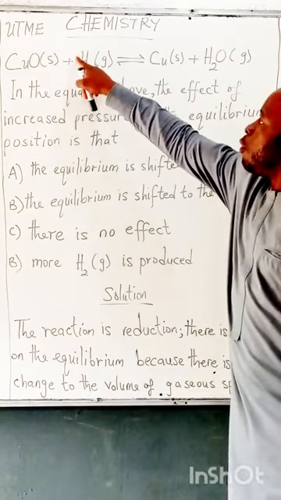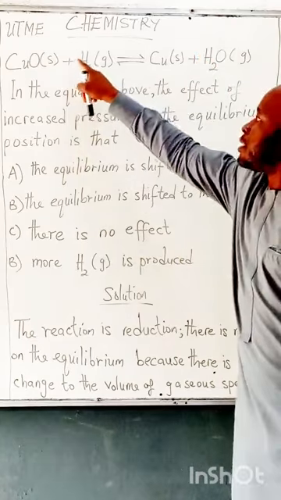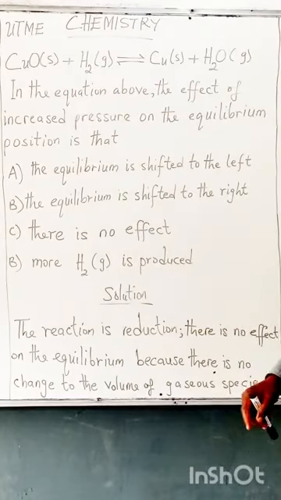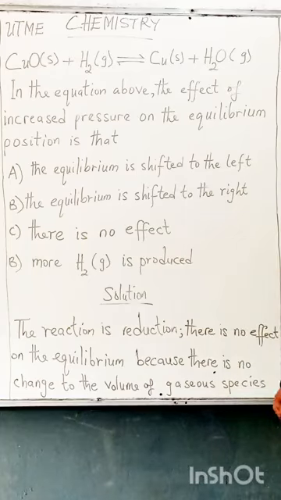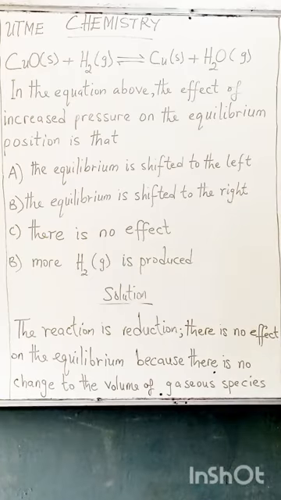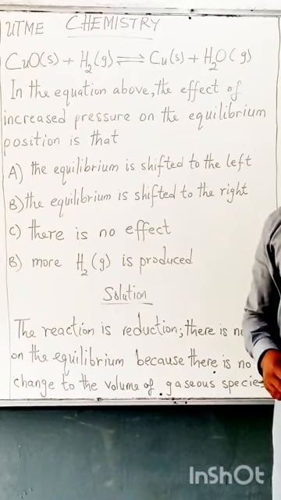Here, what do we have? 1. Here, what do we have? 1. Is there any difference in the total volume of gaseous species? No. If there is no difference in the total volumes of the gaseous species on the reactant side and on the product side, that means a change in pressure will have no effect on the equilibrium of the reaction.